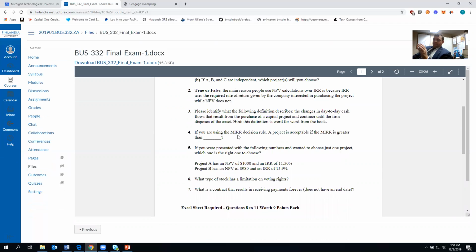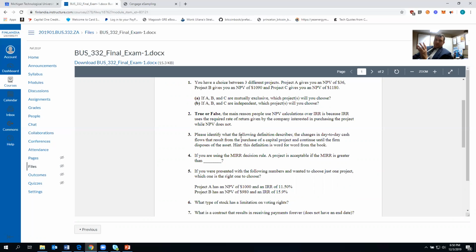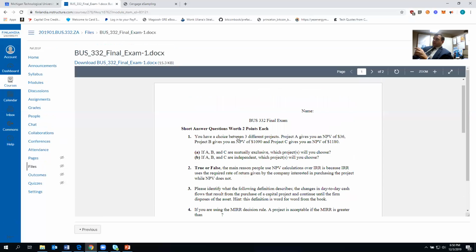This is from chapter 6 all the way through chapter 9, so 6, 7, and 9 really is what we're covering.